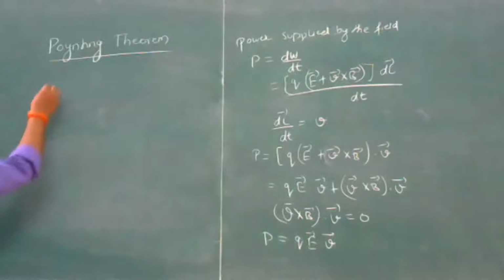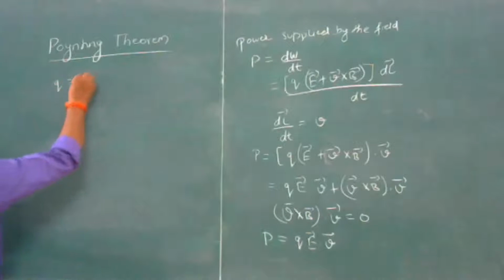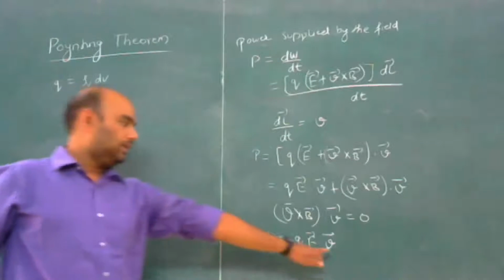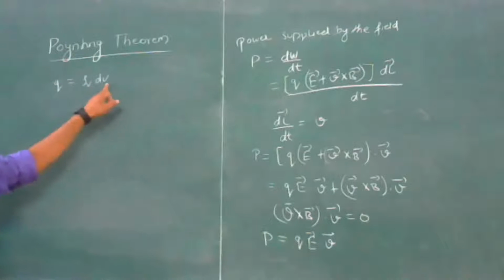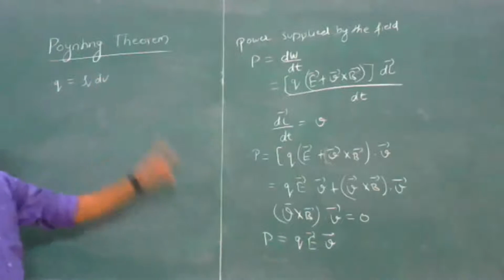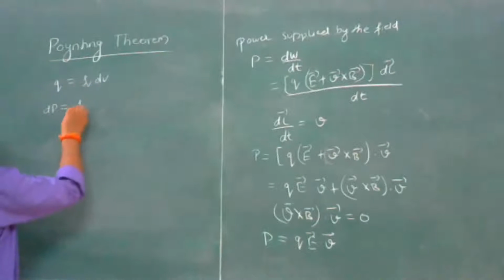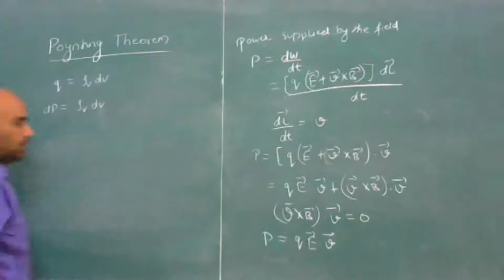We know that Q is equal to rho v into dv, where this capital V is for velocity and small v is for volume. So the small power dP will be rho v dv, since Q is replaced by rho v dv, times E dot v.